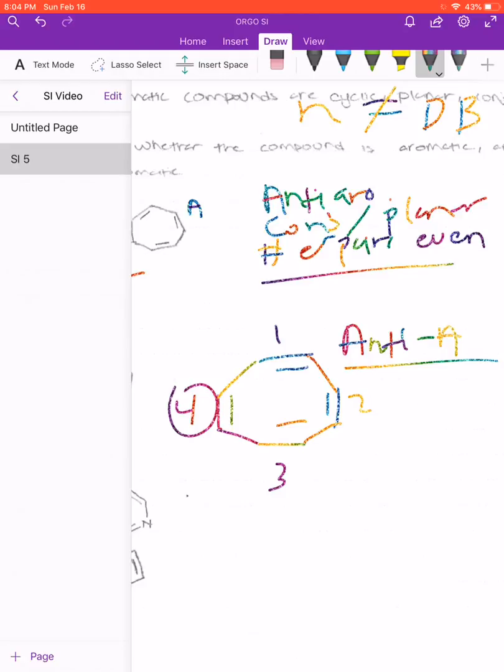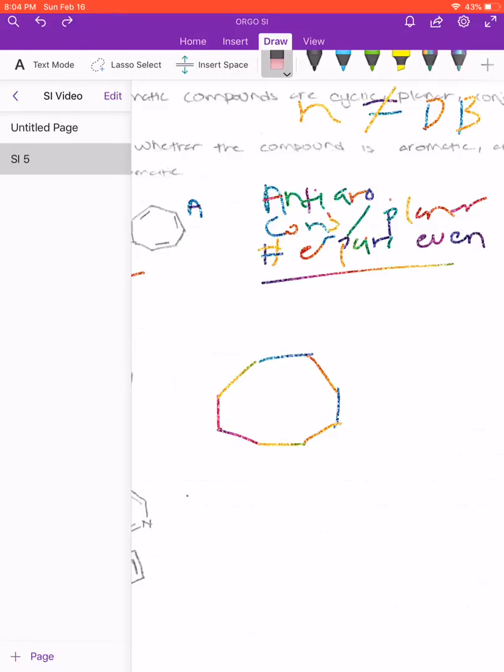So let's draw this molecule again. What if this molecule was actually drawn like this, for example?